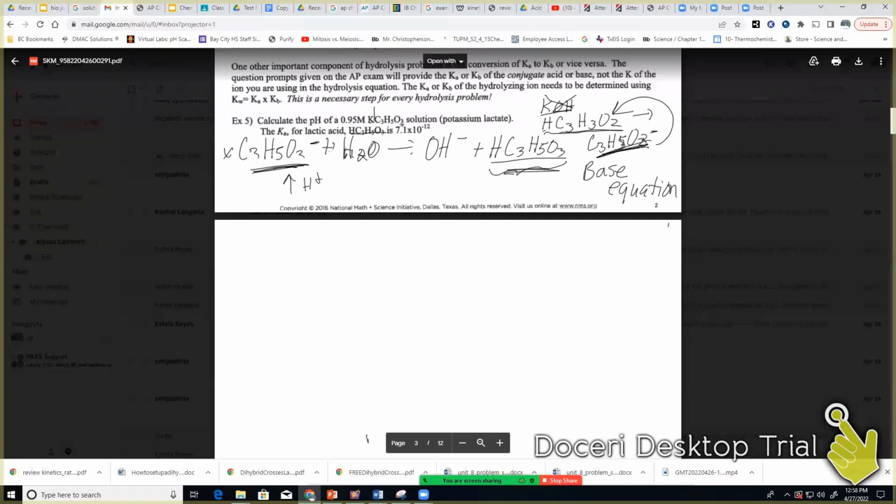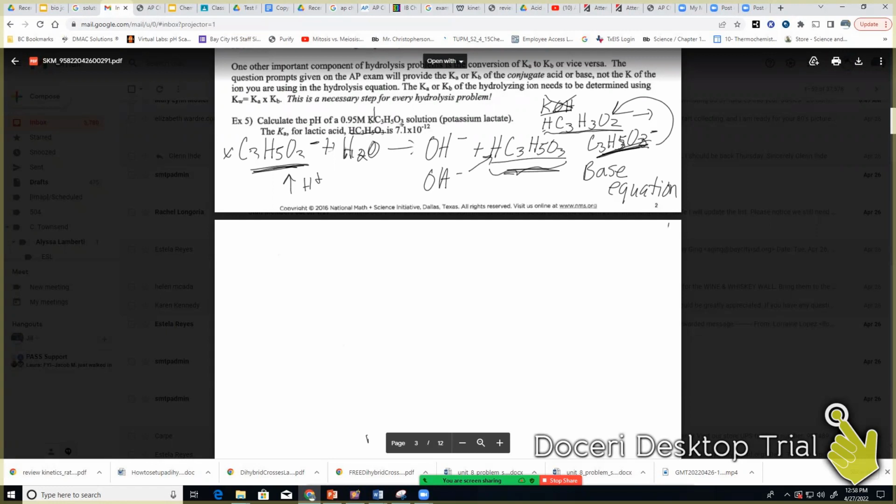If I put in a base, it could grab that hydrogen and form water. So either way, it's not going to increase the H plus concentration or the OH concentration, so it's not going to change the pH. That's why it's a buffer. Because if I put in something strong, there's something that it can react with. Does that help some? Okay.